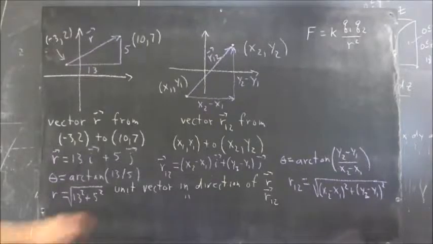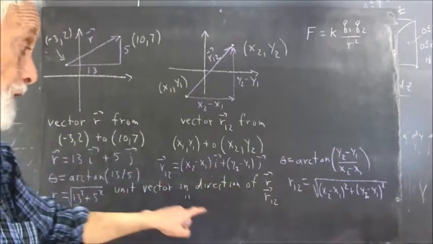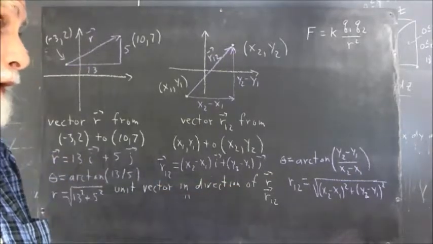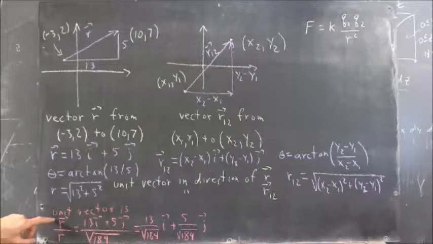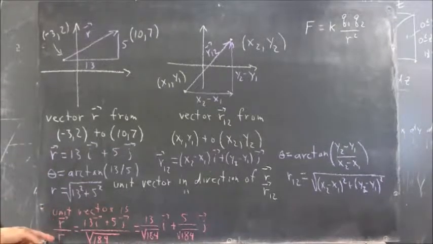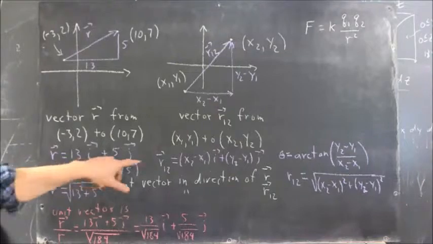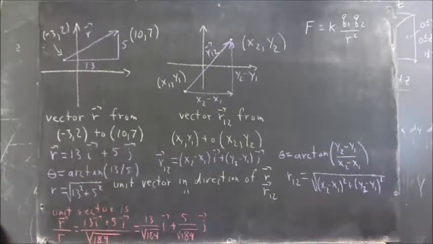Now, let's go to the question of the unit vector in the direction of r and the unit vector in the direction of r12. You should understand that the unit vector in the direction of any vector is just that vector divided by its magnitude. R with the arrow over it stands for the vector, R without the arrow stands for the magnitude of the vector. In this case, the vector is 13i plus 5j.